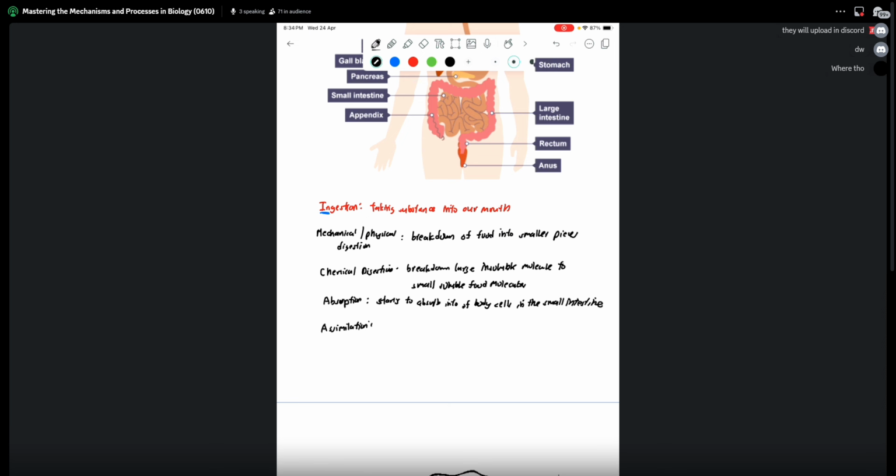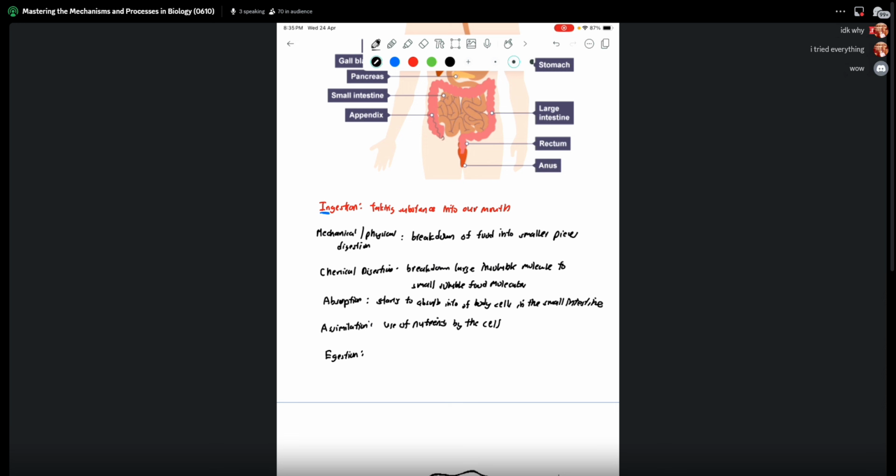It means the body will use that amino acid to make protein, or the muscle to be more specific. So assimilation is the use of nutrients by the cells to make new cells.